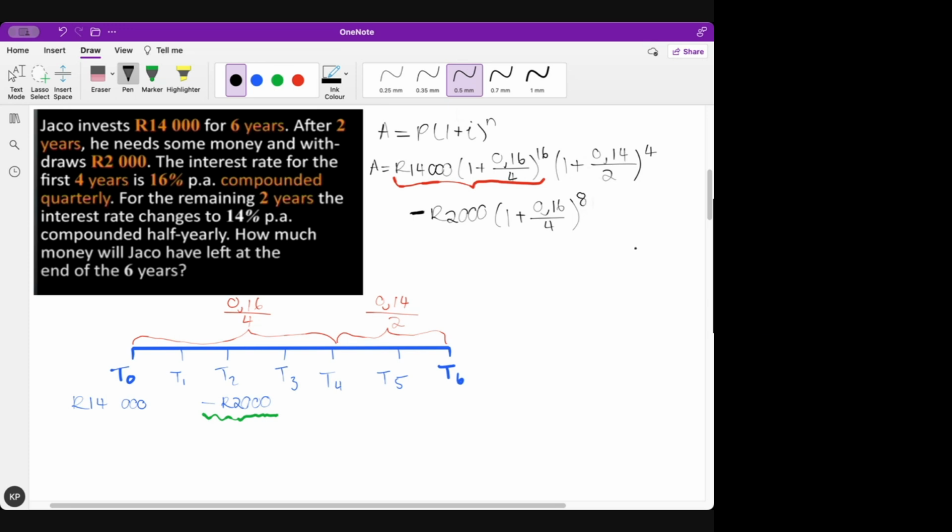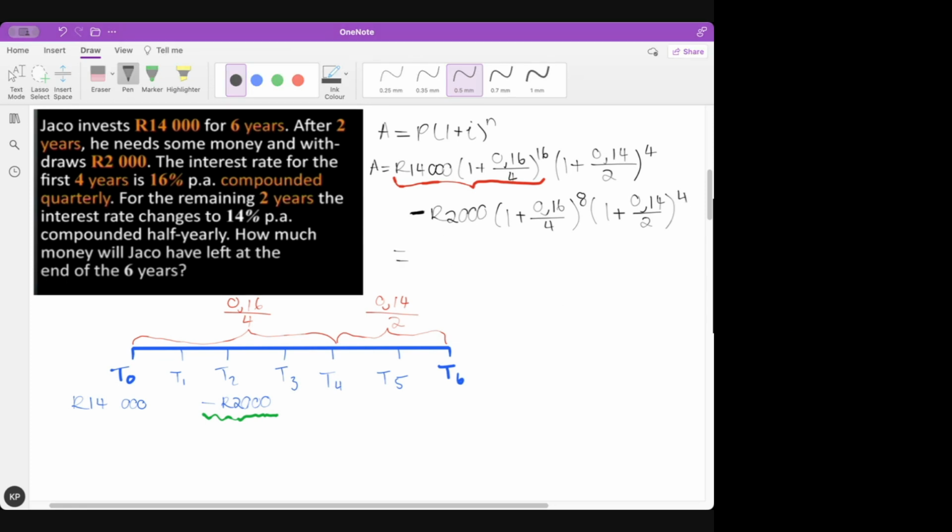Does it make sense? 4 times a year, 2 years, so that's 8 times. Okay, so that's for the first 2 years. That's for year number 2 and 3. And then after that, it would have earned 1 plus 0.14 divided by 2. And this time it is still just the same because it is 2 years twice a year, so it's to the power of 4.